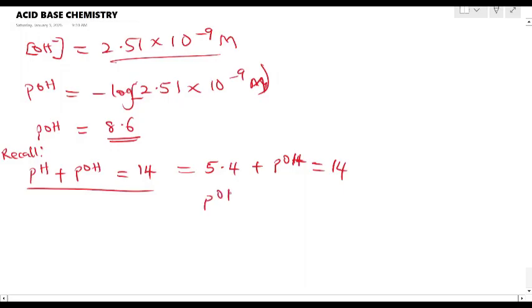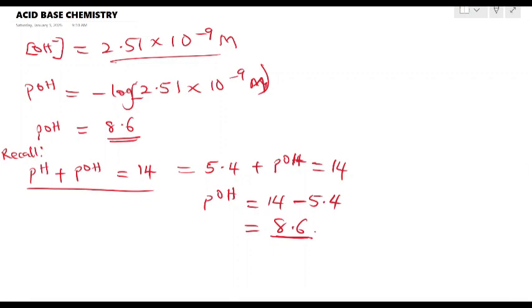Now, if you make pOH the subject of the formula, what you simply have is 14 minus 5.4, and that also gives you 8.6. Okay, so that's the explanation and expression of what that example is showing.